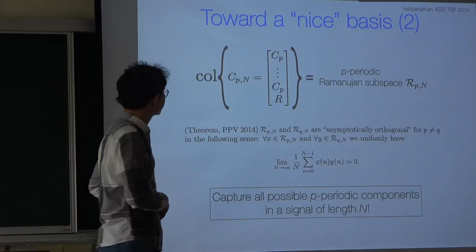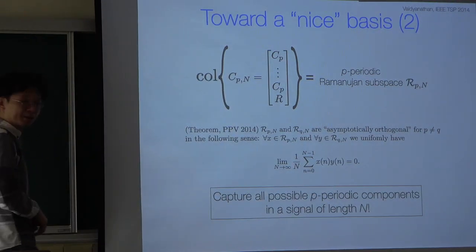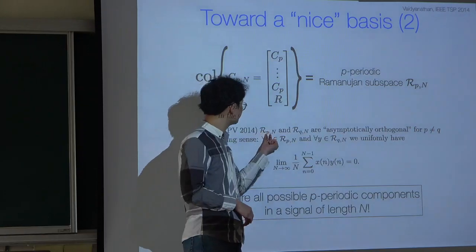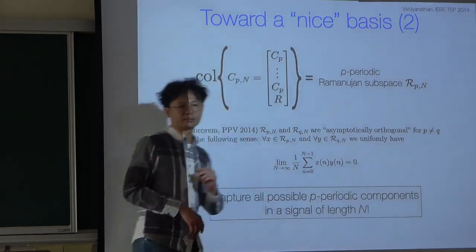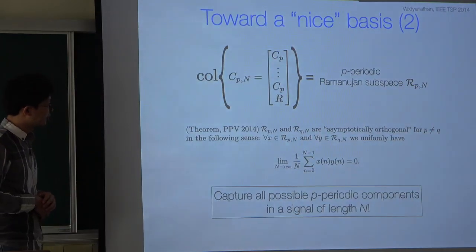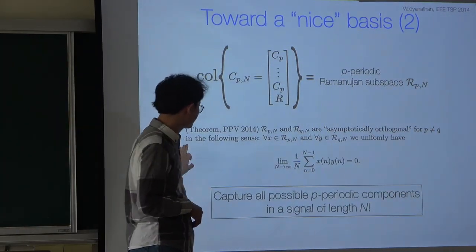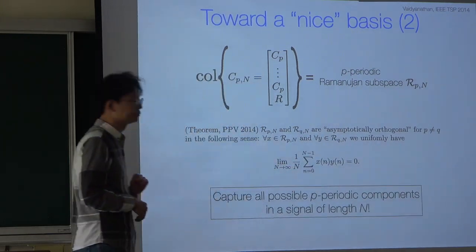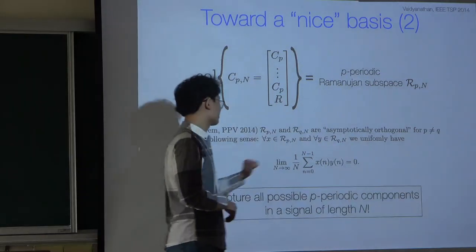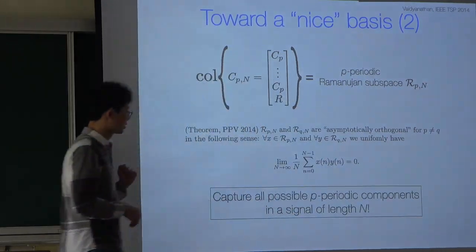And the theorem, again by PPV back in 2014, says that if I give you two periods, p and q, then they are asymptotically orthogonal when p and q are different. And asymptotically means when capital N goes to infinity.